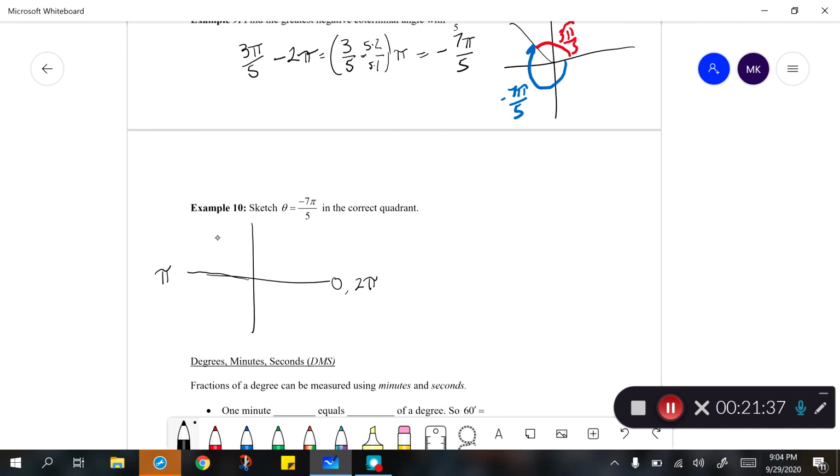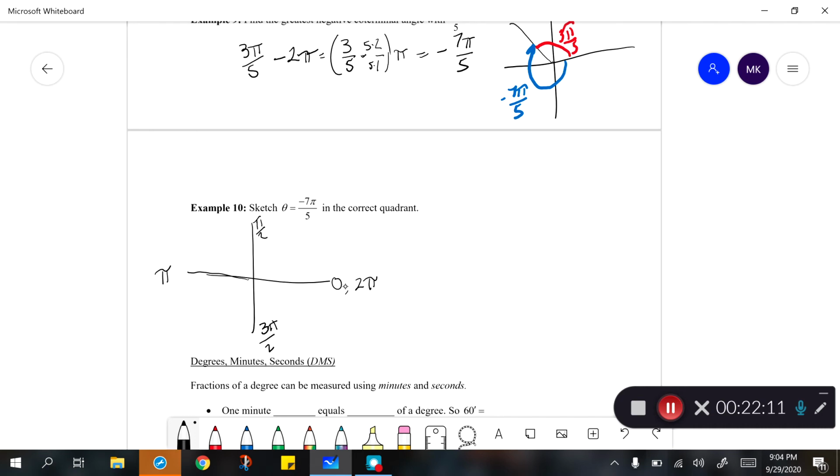So going half of halfway, a quarter of the way, would simply be pi over 2, which makes this right here 3 pi over 2. So we go pi over 2, 2 pi over 2, 3 pi over 2, 4 pi over 2, which is just 2 pi.